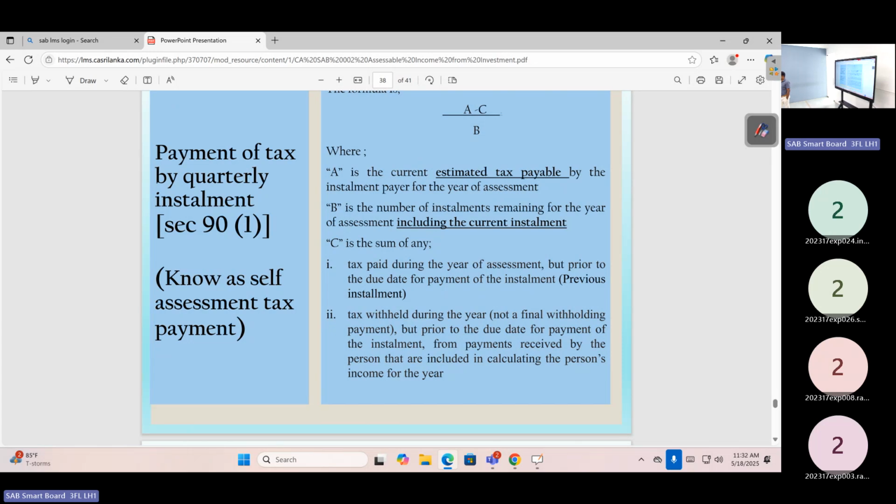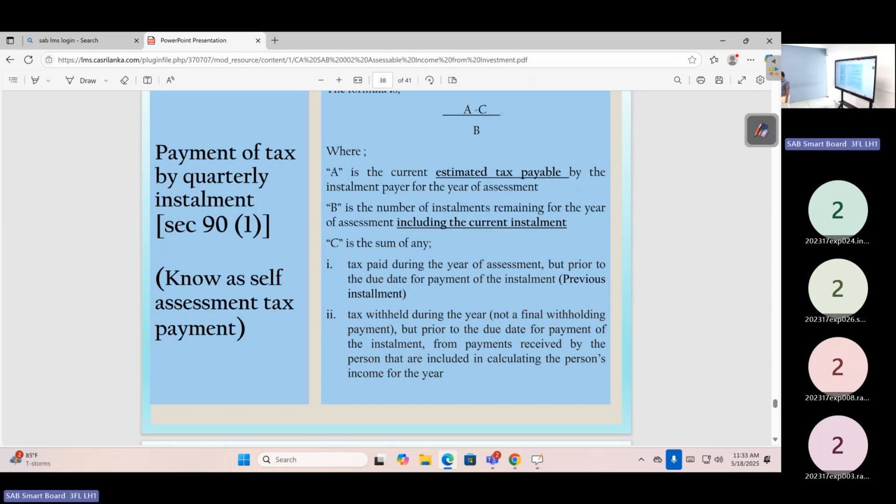If there is withholding tax or advance income tax deducted, and it is not final withholding, we can deduct that tax. So that's what I mentioned, it is a way of payment of taxes. Say I am getting rent income. My tenant, when making the payment, deducts withholding tax. So I can deduct that one. Why? It is part of my tax liability. He has already paid some amount, so consider I have already paid that.